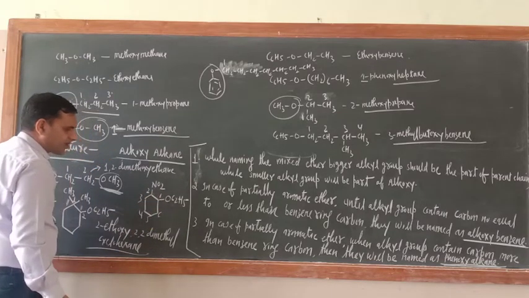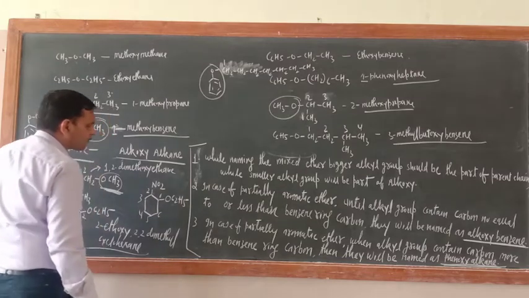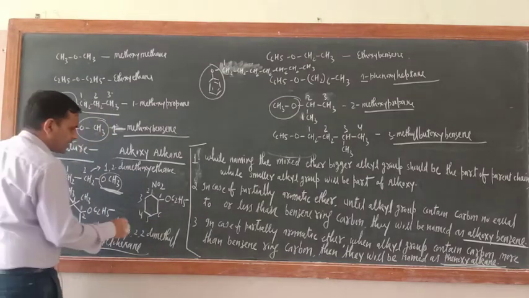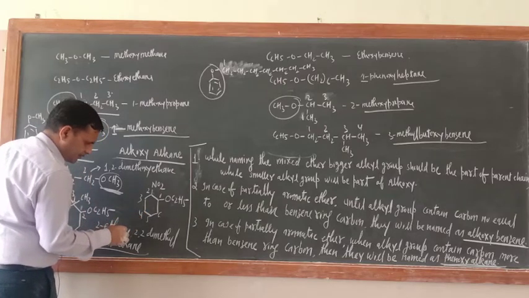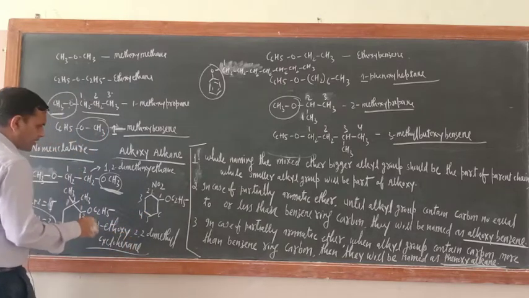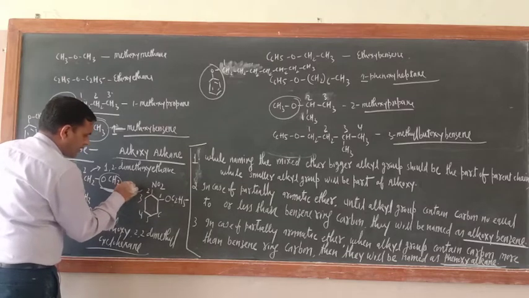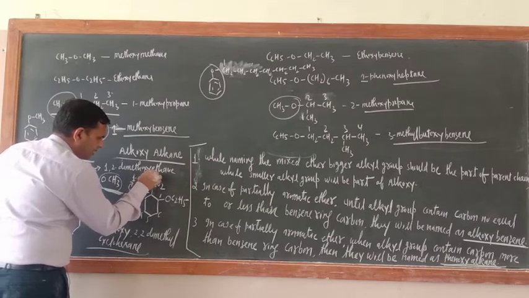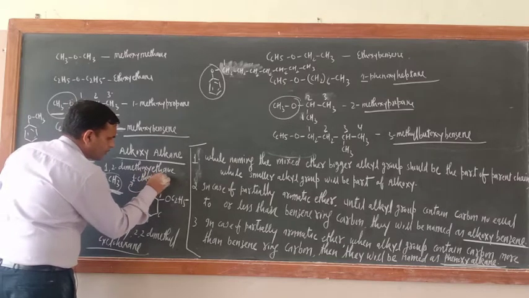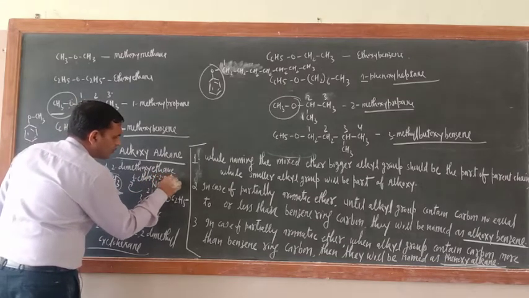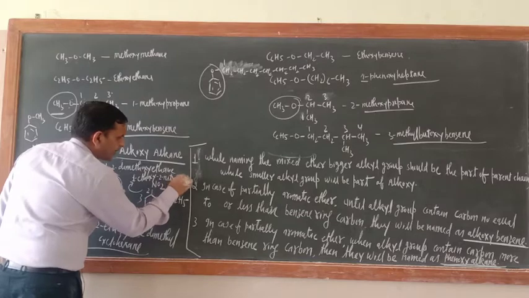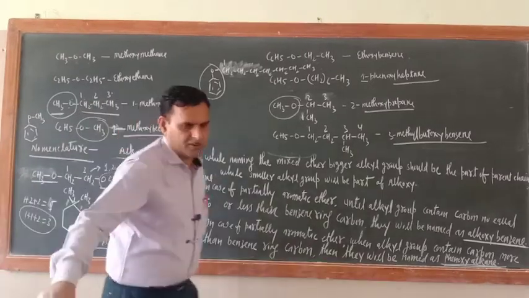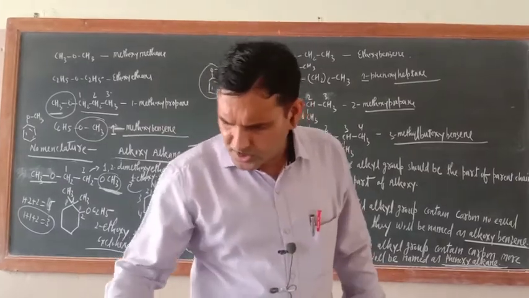So 1-ethoxy-2-nitrocyclohexane. Can I write this side? Just a minute. Here I am writing 1-ethoxy-2-nitrocyclohexane. Okay, so you can check.